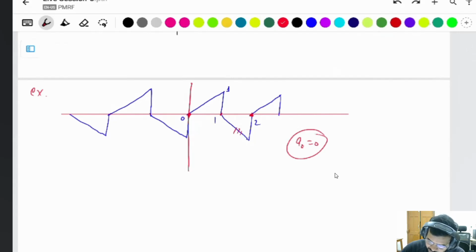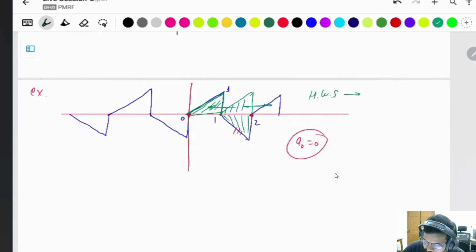Half wave symmetry is checked by the signal. This portion is shifted upward. This will be here. Then after that you can shift by half to the right side or the left side. Then this signal exactly overlaps. If this signal exactly overlaps the original signal, then there is half wave symmetry.